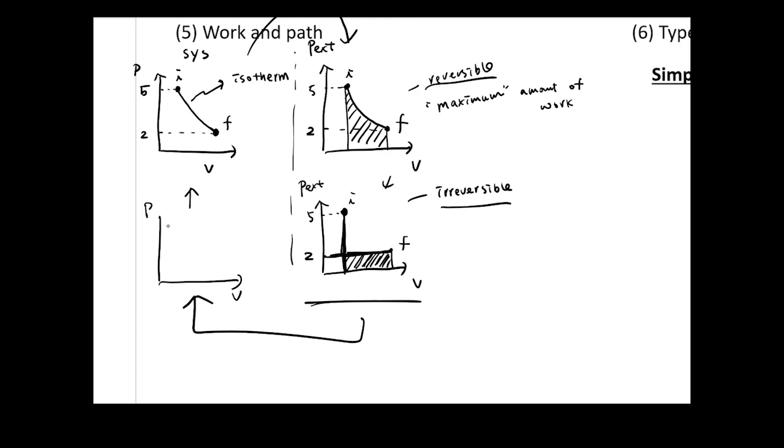The only thing you can do is know the initial state and the final state. But anything else, you don't know. Because you're in an irreversible process, that means you cannot calculate anything in between your initial and final state. Therefore, you don't know how the system is going from the initial to the final state.